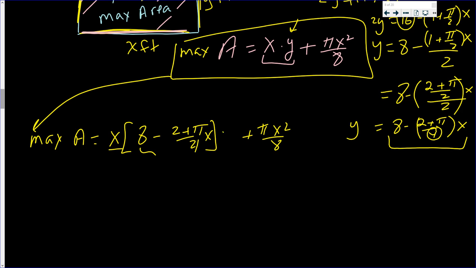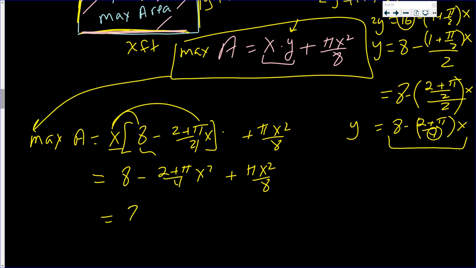So let us distribute the x in front. So we have 8x minus (2 plus pi over 4) times x squared plus pi x squared over 8. So this is 8x, now I'll combine the x squares. I like to have, actually in this case, let's have the plus.